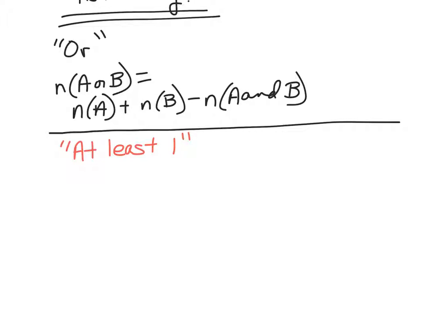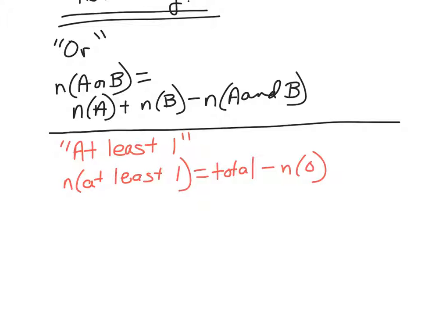The complement of at least one is 0. So we applied this formula. The number of at least one is equal to the total. When I say the total, I mean the total number of things that can happen, minus the number of ways you can get 0, because 0 is the complement of at least one.